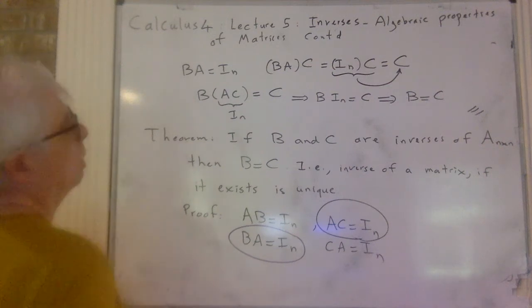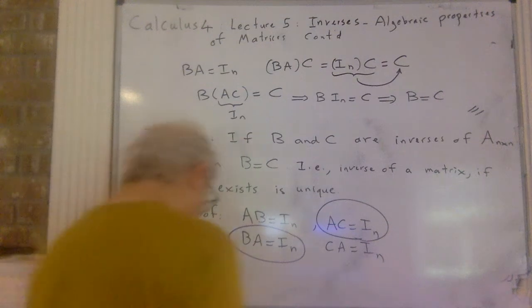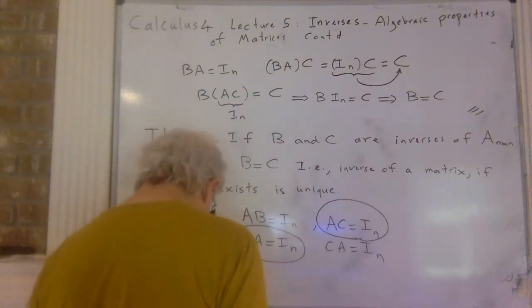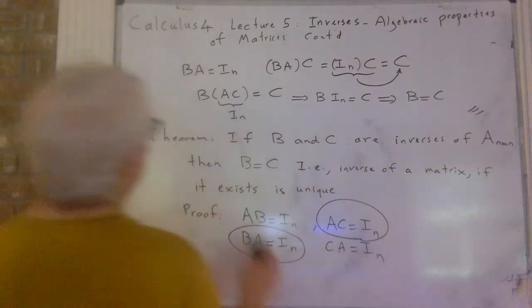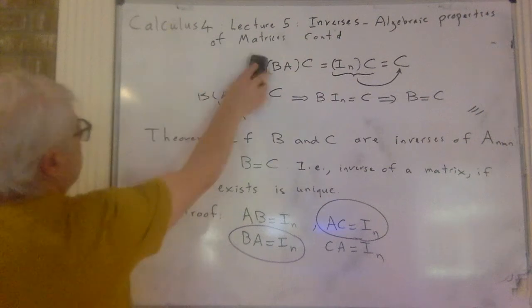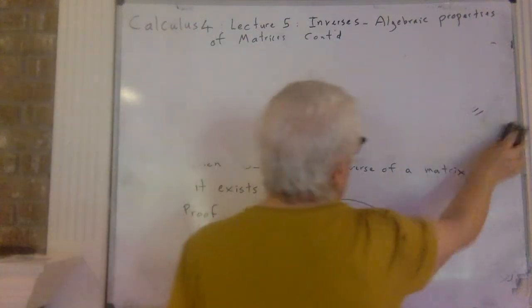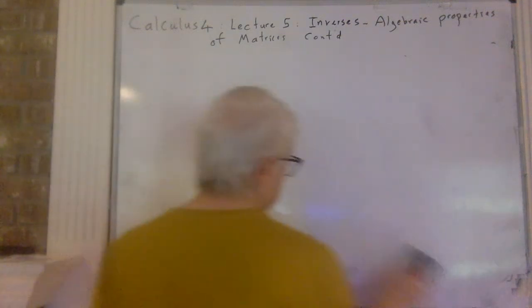No one can find it. Okay, now let's see what happens if I want to find the inverse of a product of two matrices.